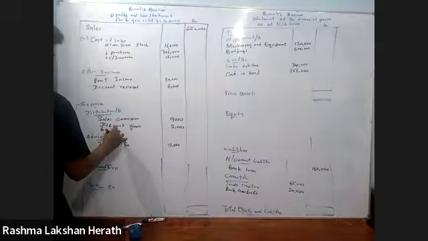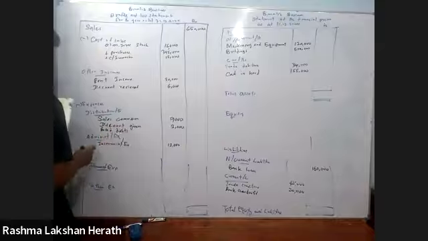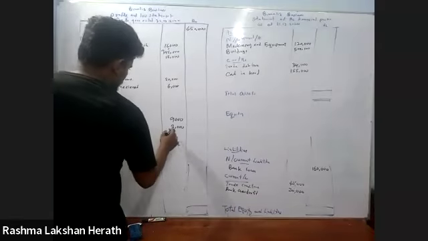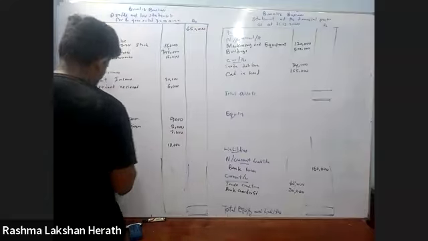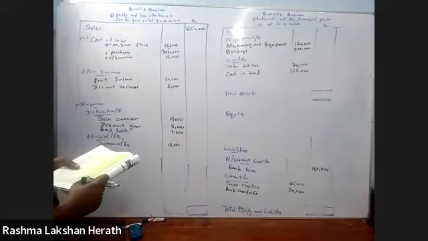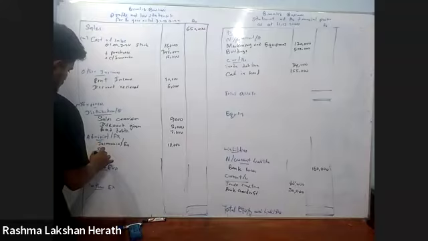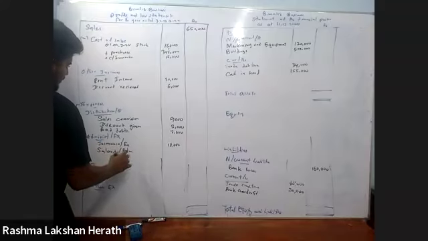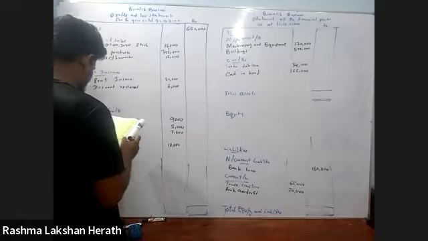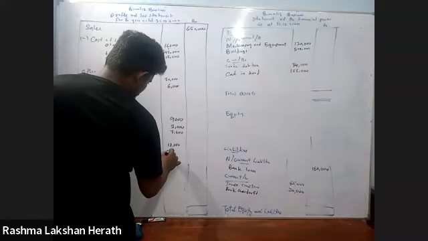Bad debts, it is an expense, it is 7,000. And salaries administration, it is 25,000.